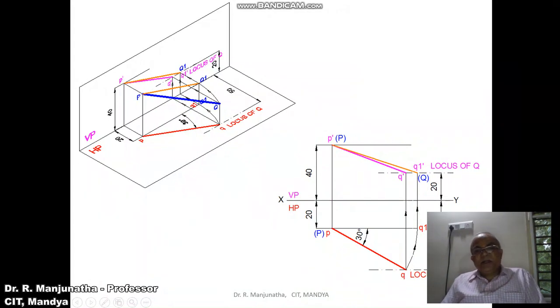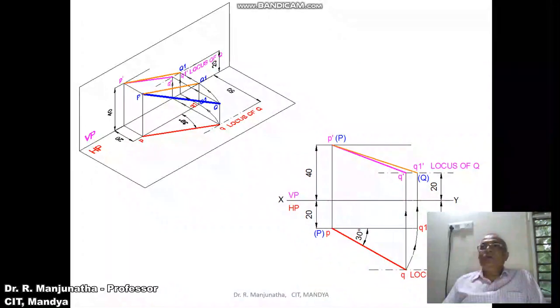Since the top view line is inclined at 30 degrees, you draw a line inclined at 30 degrees. It will cut the locus of Q here. So you mark this point as Q. Then draw a vertical projector from here, Q, to the front view locus of Q. It will cut here. So this point will be Q dash. Then join P dash Q dash and PQ.